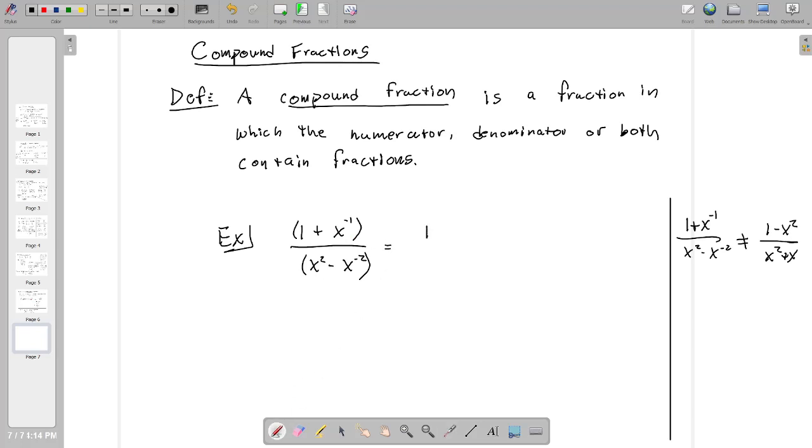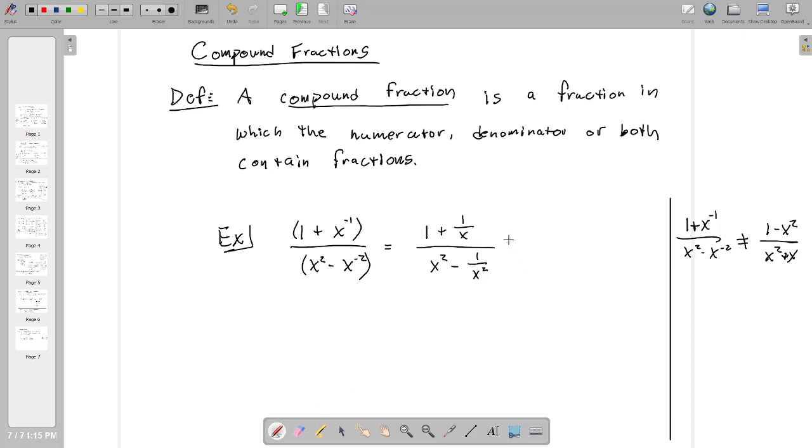That looks like this. Because these are being added, respectively on the bottom and top, when we resolve the negative power, that negative power will push it into the denominator of its own fraction.